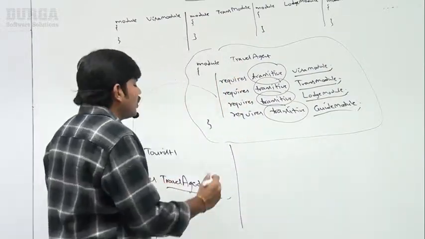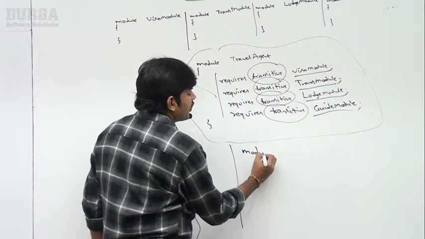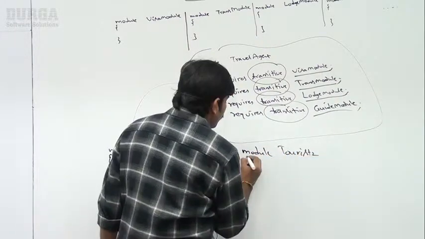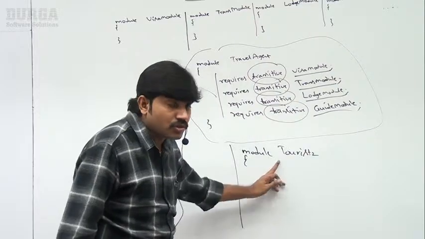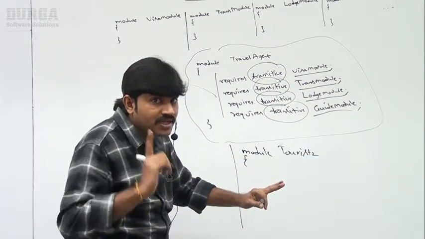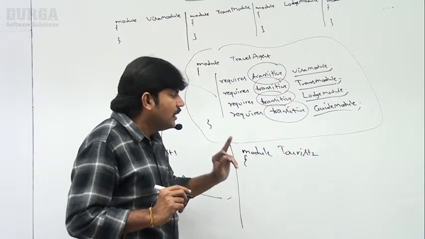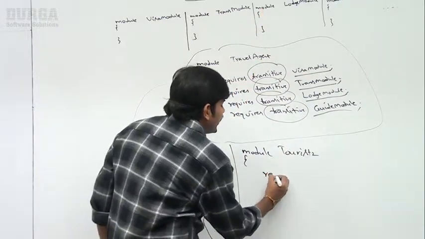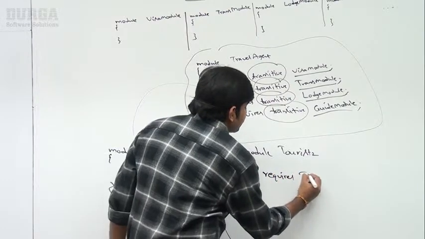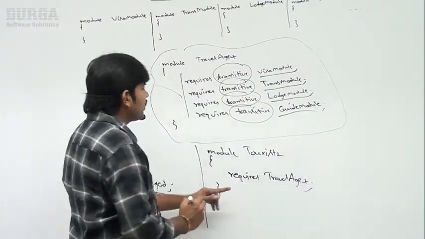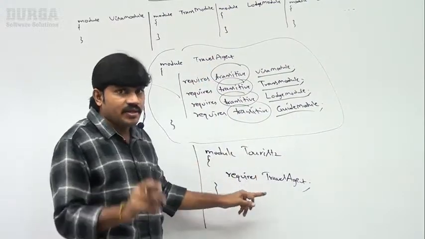Tomorrow another tourist came, module 2:2. For module 2:2, take a bit of special care. He requires all these modules, then automatically simply requires travel agent.